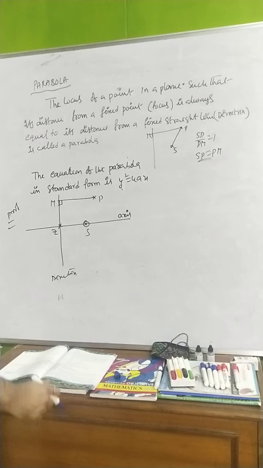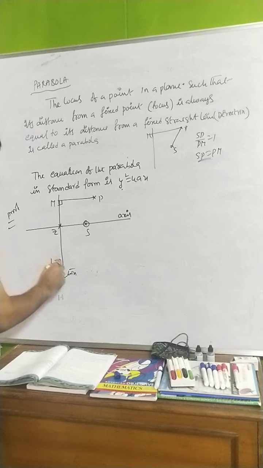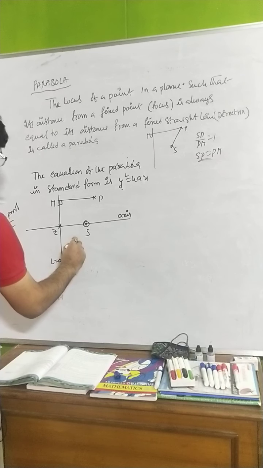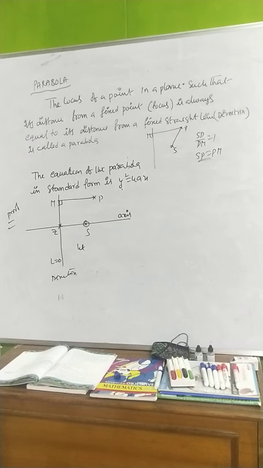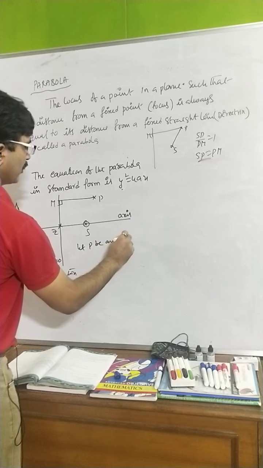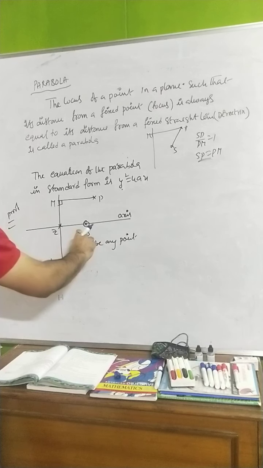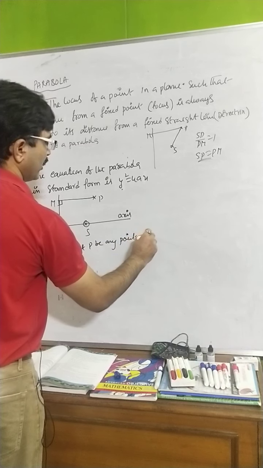Now I am assuming this line's equation is L equal to 0. Let P be any point on the parabola.